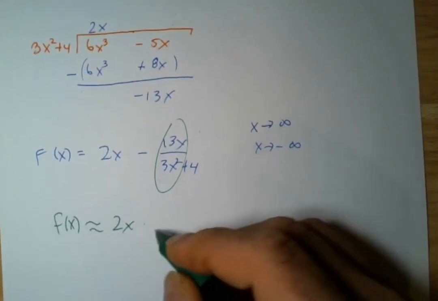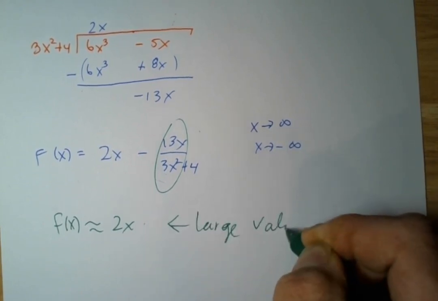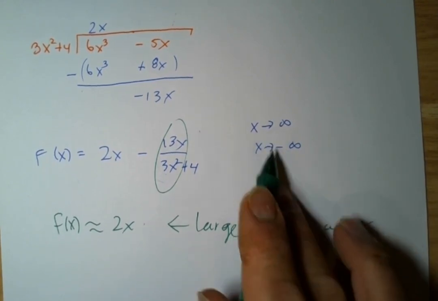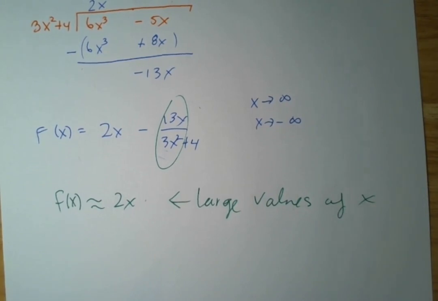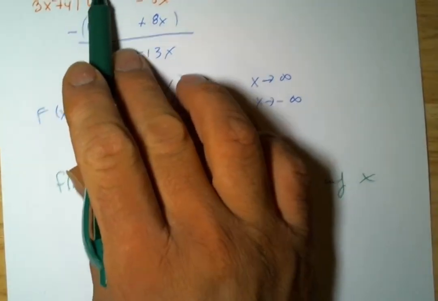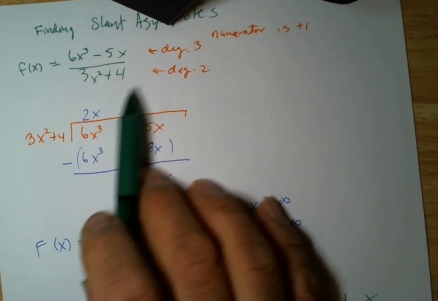is 2x. And again, this is for large values of x, large in the positive and negative direction. Okay, so large in the absolute value sense, right? And this now becomes my slant asymptote. My slant asymptote here is the quotient, right?